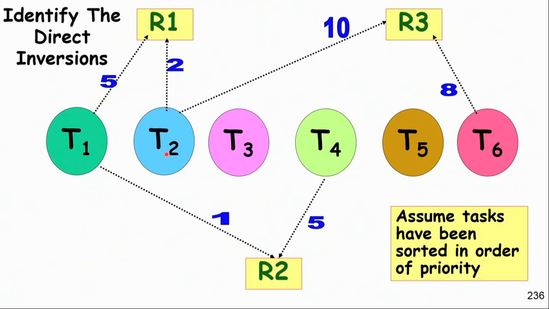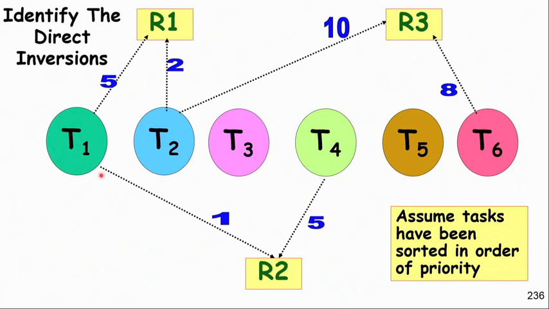The direct inversion can occur in case T2 is holding R1. T1 has to wait even though T1 is a higher priority, and the time for which T1 has to wait is 2 on account of R1 and T2. Similarly, T2 has to undergo direct inversion on account of T6 and resource R3 for a duration of 8.